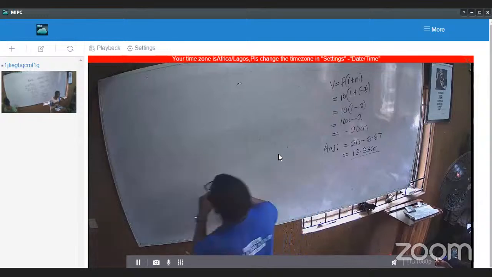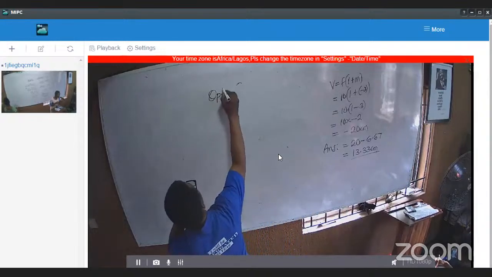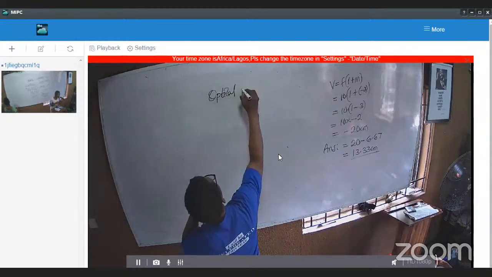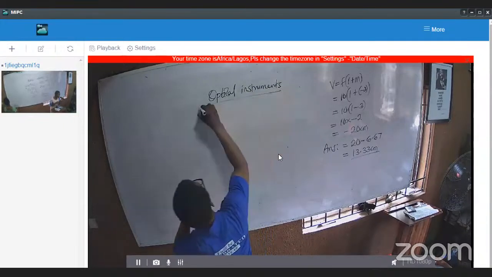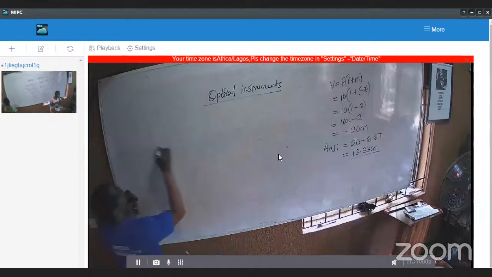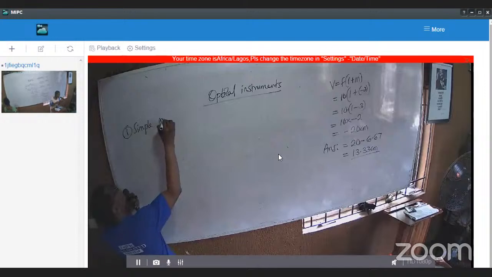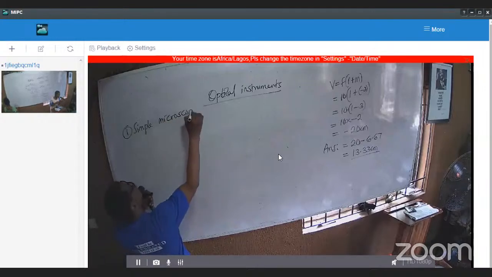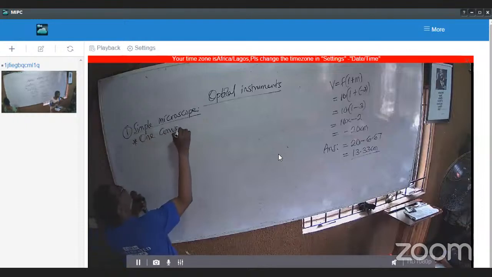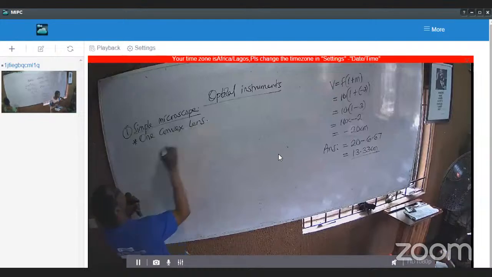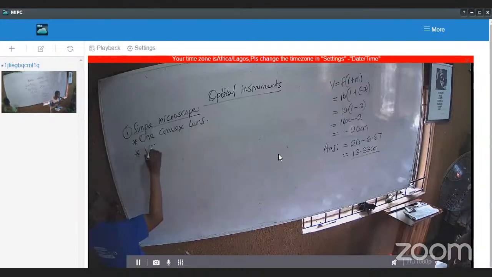So, optical instruments. Number one, simple microscope. Only one lens, one convex lens. Final image is virtual, erect, and magnified.